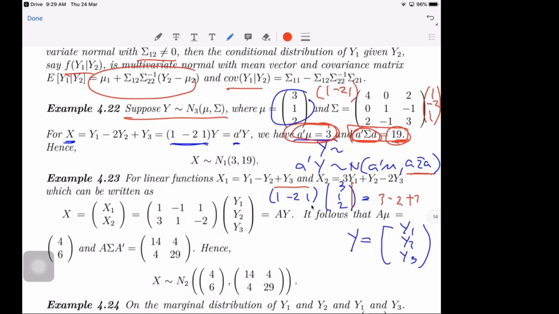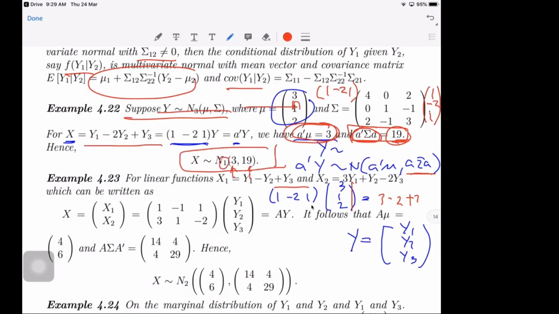Hence, if your Y is normally distributed with these parameters, then your X, which is Y1 minus 2Y2 plus Y3, will still be normally distributed with mean 3 and variance 19.